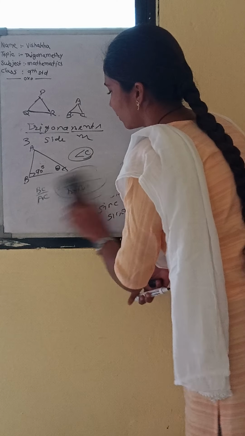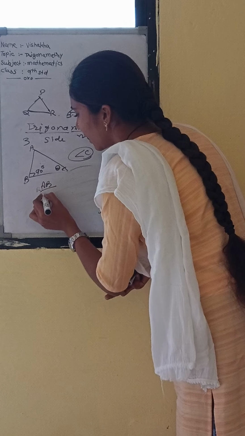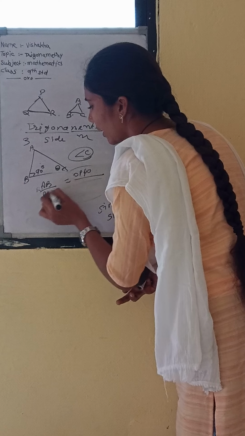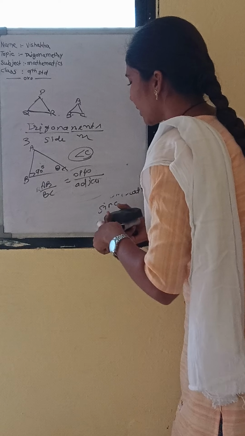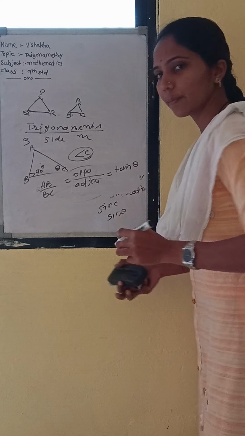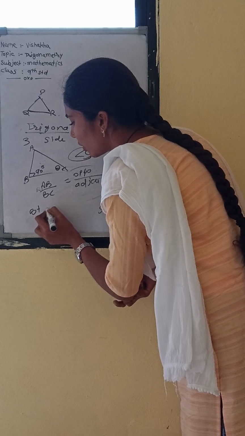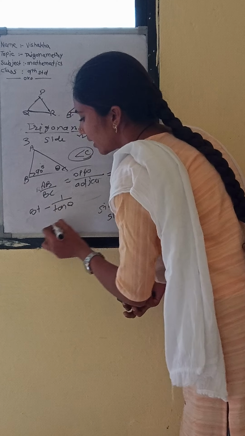Now if we consider AB by BC, AB is the opposite side and BC is the adjacent side. This ratio is known as the tan ratio, that is tan theta. Then cot, that is cotangent, is the inverse of tan theta.